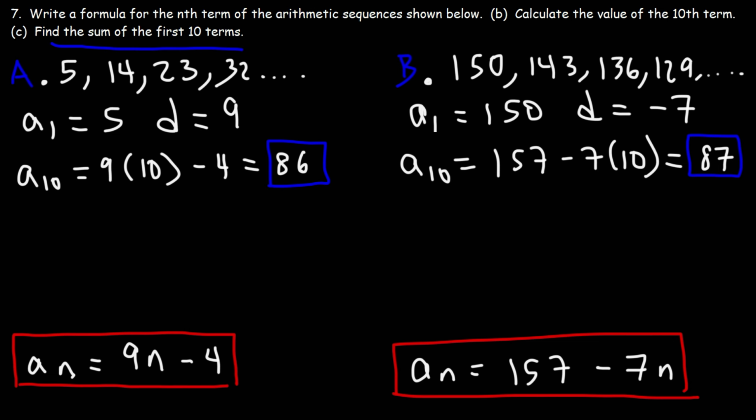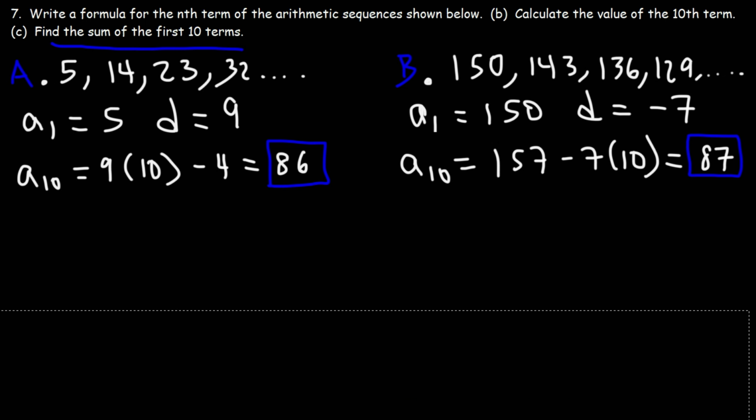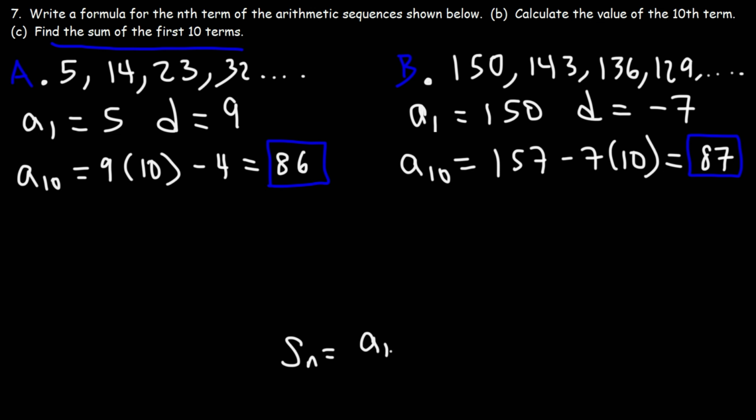So in order to find the sum, we need to use this formula. S sub n is equal to the first term plus the last term divided by 2 times the number of terms. So if we want to find the sum of the first 10 terms, we need a sub 1, which we know is 5.